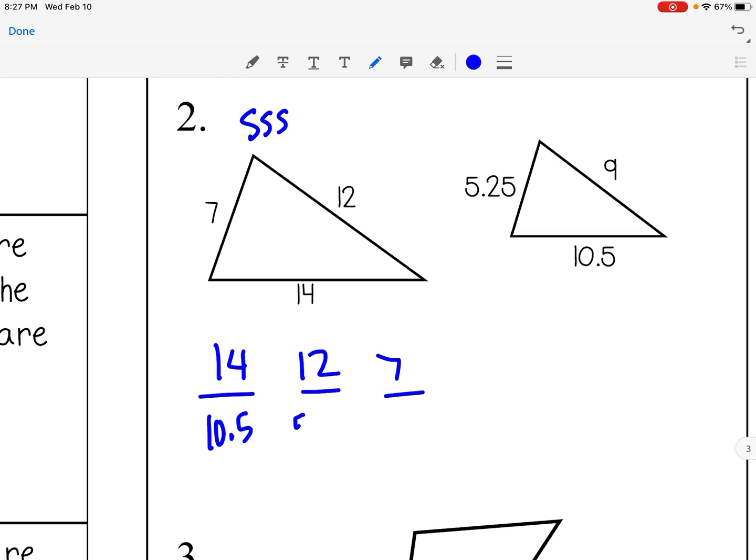So 10.5, that's the longest one, and then 12 corresponds with 9, 7 corresponds with 5.25. So if you type that in your calculator, 14 divided by 10.5, 12 divided by 9, so on and so forth, you end up getting the very same decimal. And it doesn't matter if it's a crazy decimal, just as long as it's the same number for all 3. So in this case it is, so check, these triangles are similar by side, side, side.